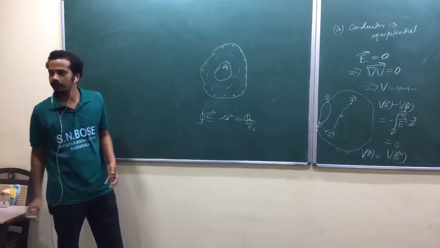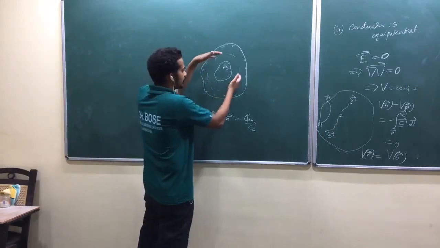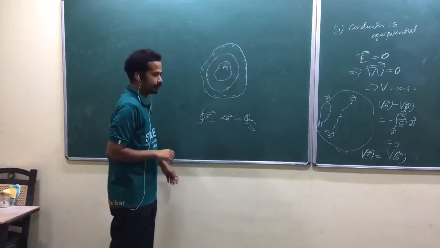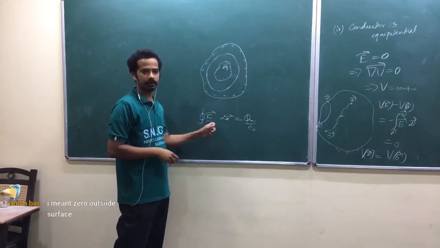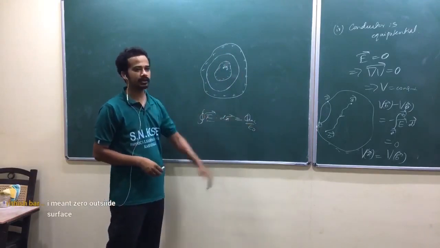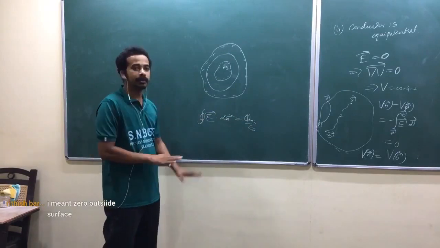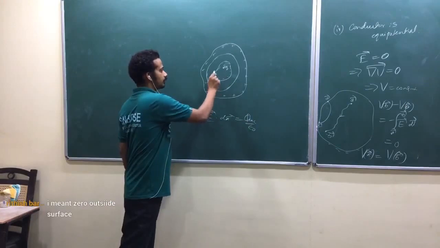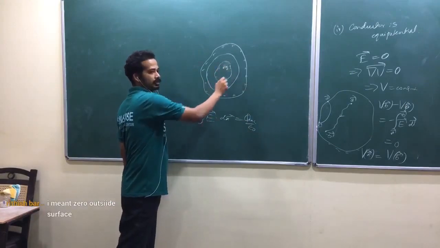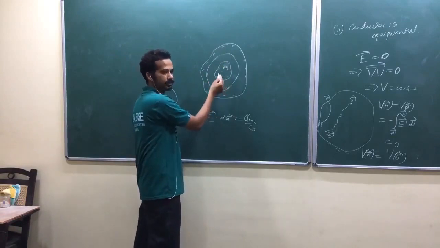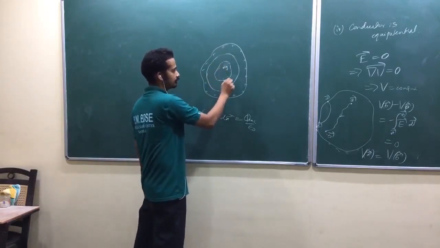You can run your Gaussian surface well within the conductor region. Once you do this surface integral, the electric field is 0, so the surface integral is 0, and that's why the charge enclosed should be 0. It is a pure mathematical argument. The charge enclosed is 0 only when the net charge on the inner cavity surface is negative, minus q.